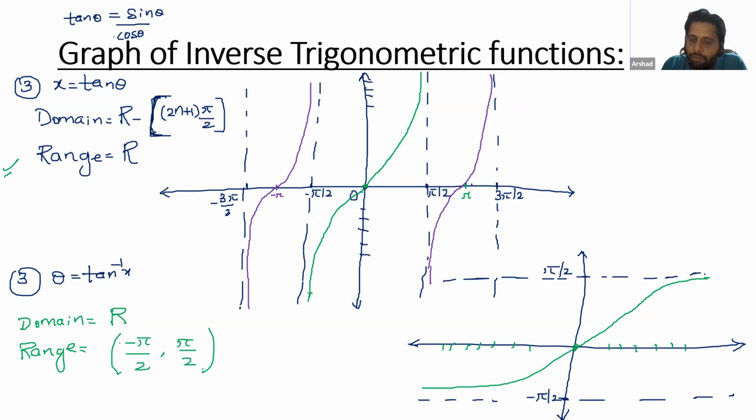We will take open for range. Yes, yes. Check the graph. If you check the graph of tan inverse, check here minus pi by 2 to pi by 2. On the y-axis, you have only this angle, minus pi by 2 to pi by 2. Okay, and you know that tan does not exist for pi by 2 or minus pi by 2. That's why we will write the open interval. Is it clear up to now?